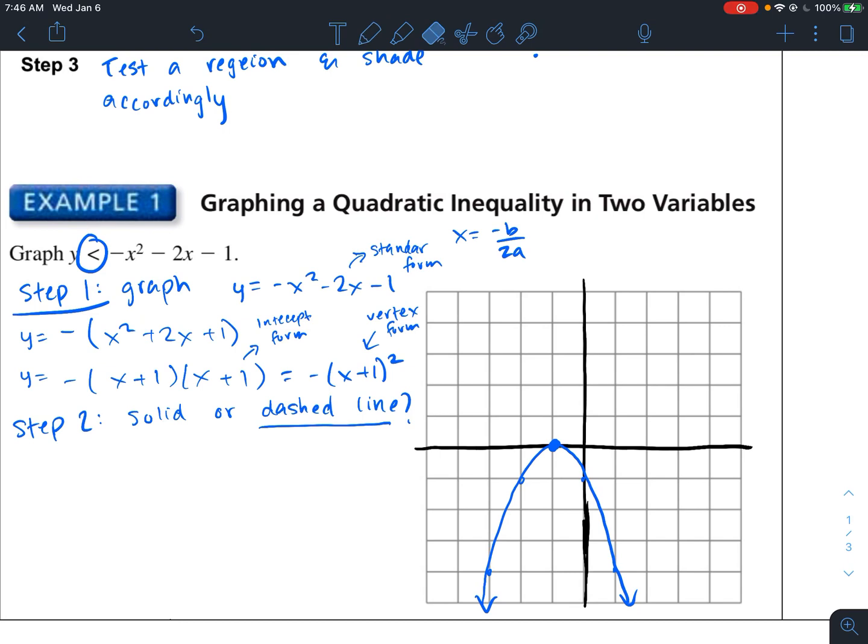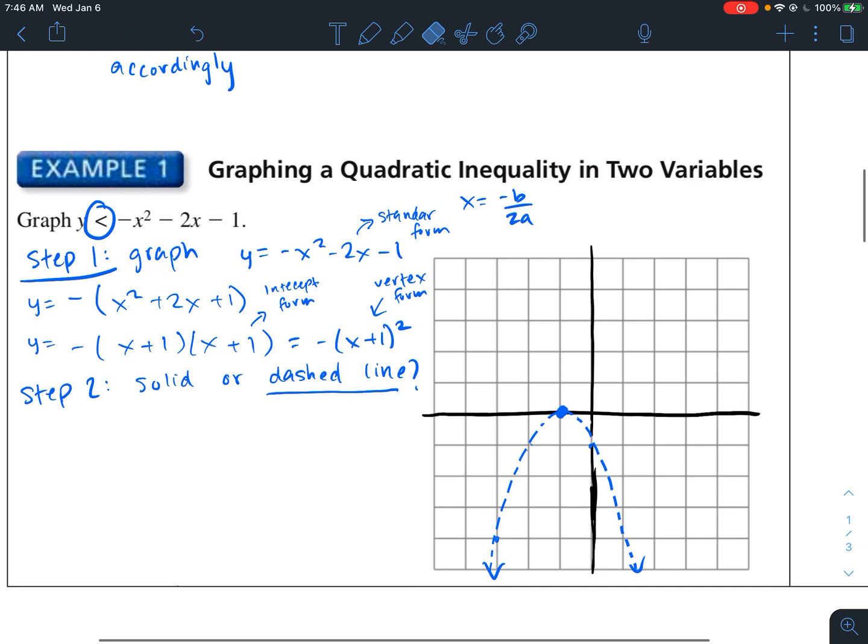So I'm going to go back and edit this, and I'm going to make my quadratic a dashed line. There we go. So now I know just by looking at the graph that it's less than, not equal to, sorry.